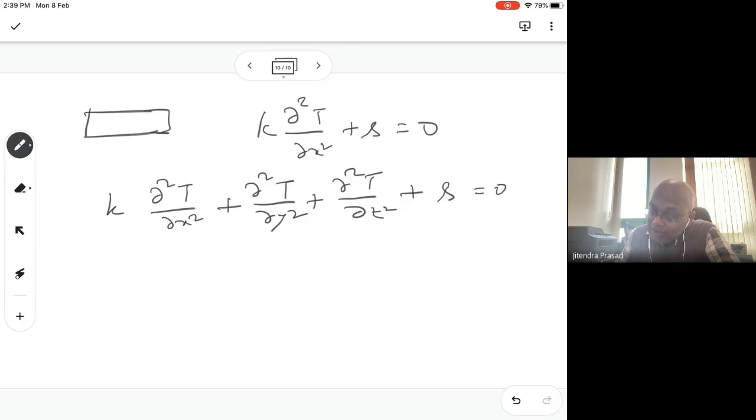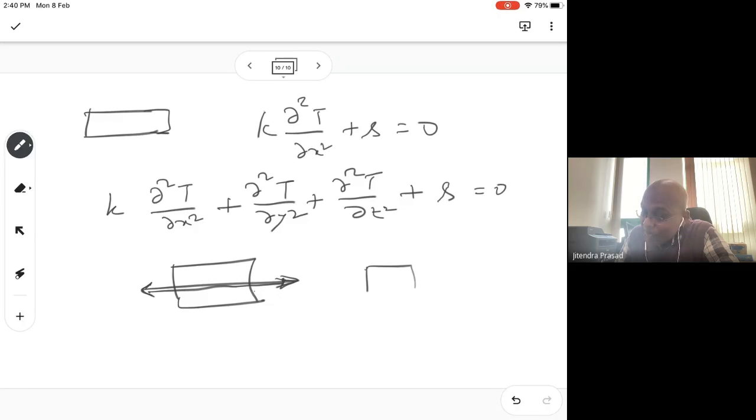Now, if we go to the structure type of problem, you will see that we will have a different equation for different directions. The forces in this direction have to balance, basically. So what we have to see is that the balance of total forces in this direction will be zero.